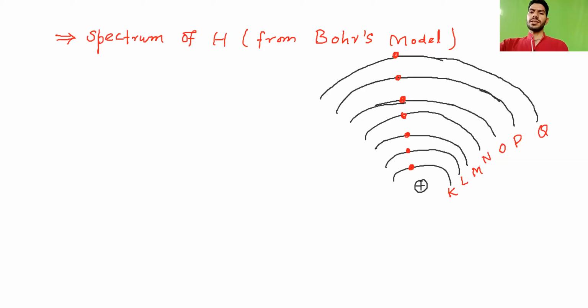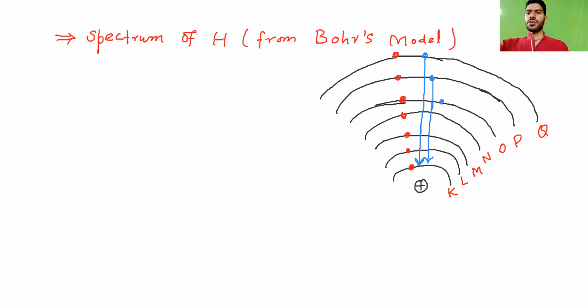For example, if the electron is present in Q and it comes back to K, that is the ground state, right? Then let's say we have the electron in P and it also comes back to the ground state. It jumps to K, right?